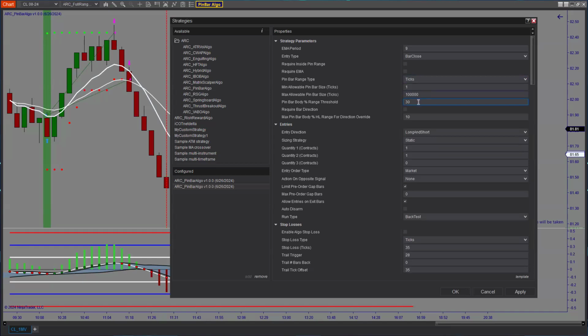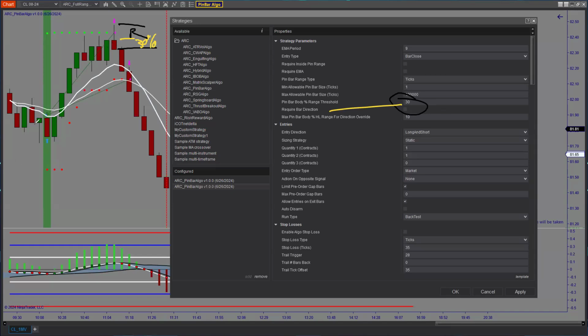Pin bar body range threshold. This is probably the most important factor that you're going to look at in this system. And that is what percent of the range of the candle is the body allowed to be. So it cannot be more than this number. Let me change this to yellow. Can't be more than that number. So if the number is 30%, then that means the body of the candle has to be less than 30% of the total range.